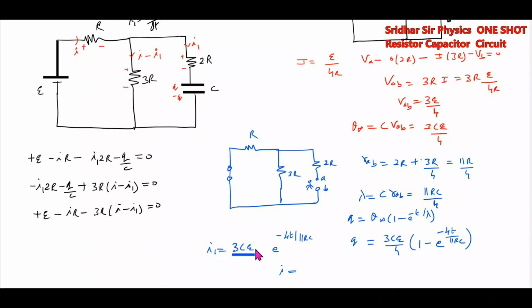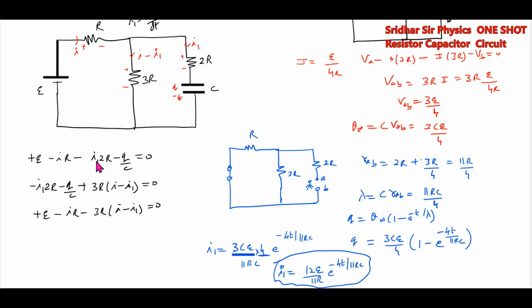This will be 4t by 11RC. In this expression for current, I1 equals, C will get cancelled out, 12E by 11R e to the power of minus 4t by 11RC. This is the expression for the current I1.